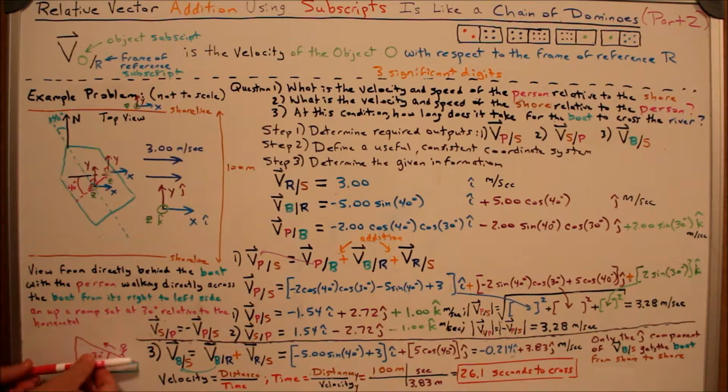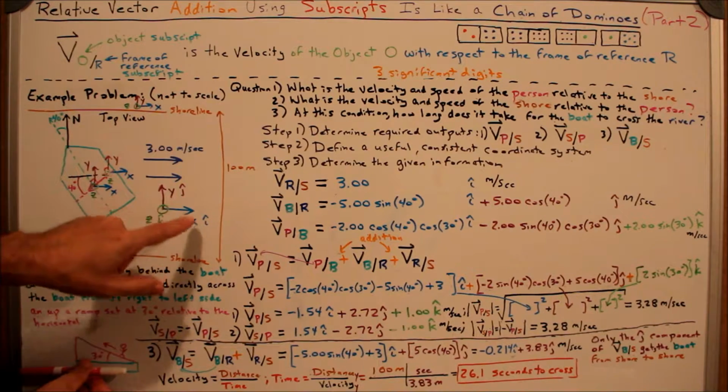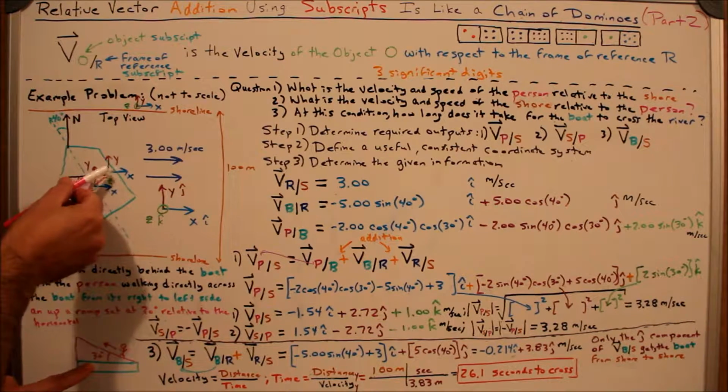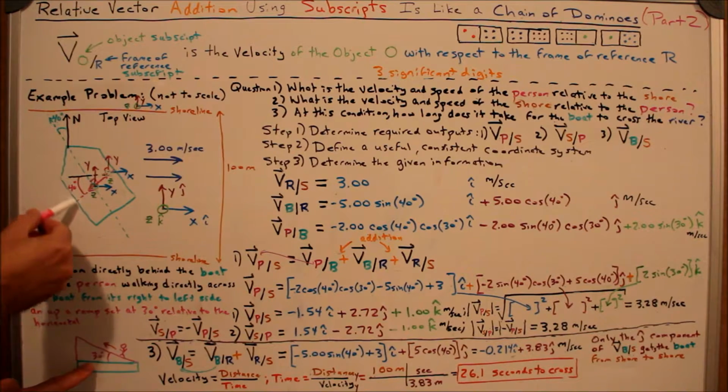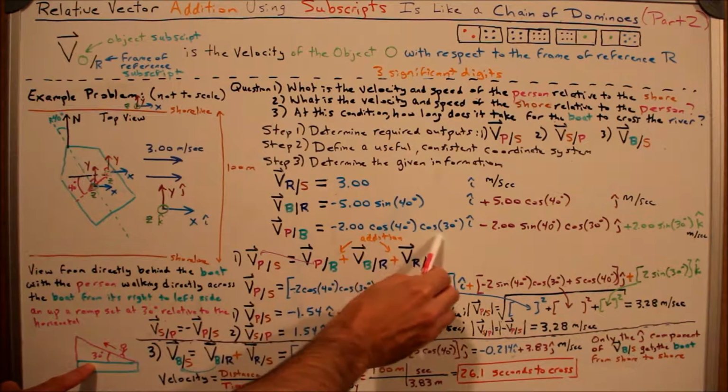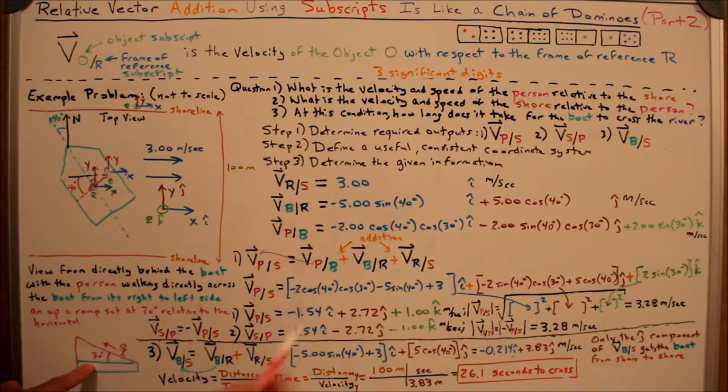So in the x axis going this way, again I'm adjacent to this 30 degrees, so that's going to be another cosine. So I'm going to have minus 2 cosine of 40 degrees times cosine of 30 degrees in the i direction.